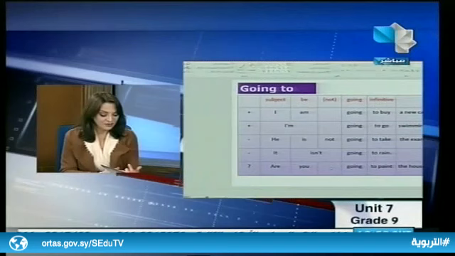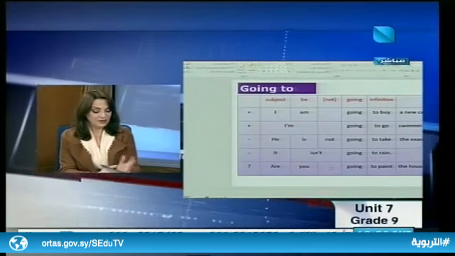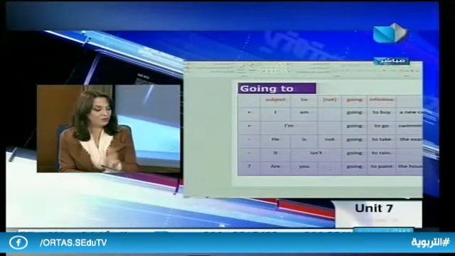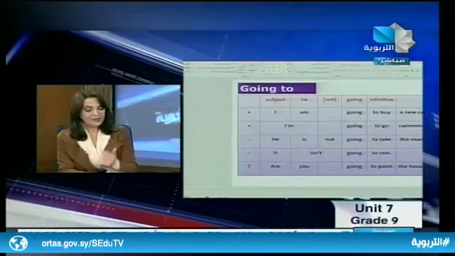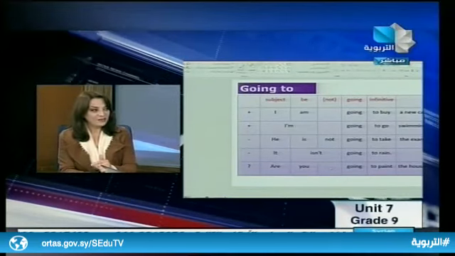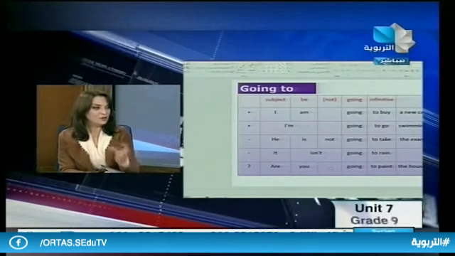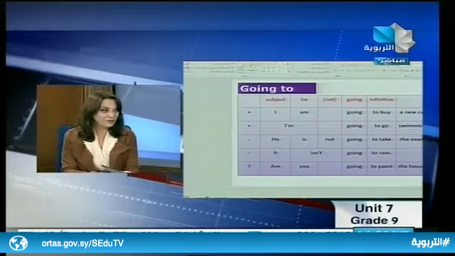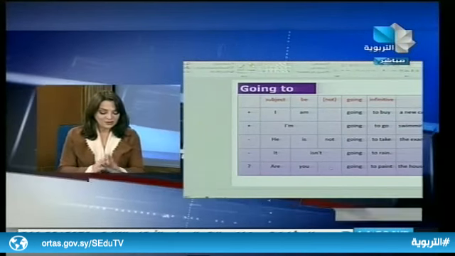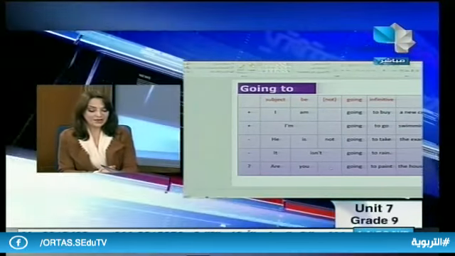So the subject, for example, I, we need a be form, which is am, going to. Use the infinitive after going to. Buy is an infinitive verb. A new car. So the sentence becomes, I'm going to buy a new car.